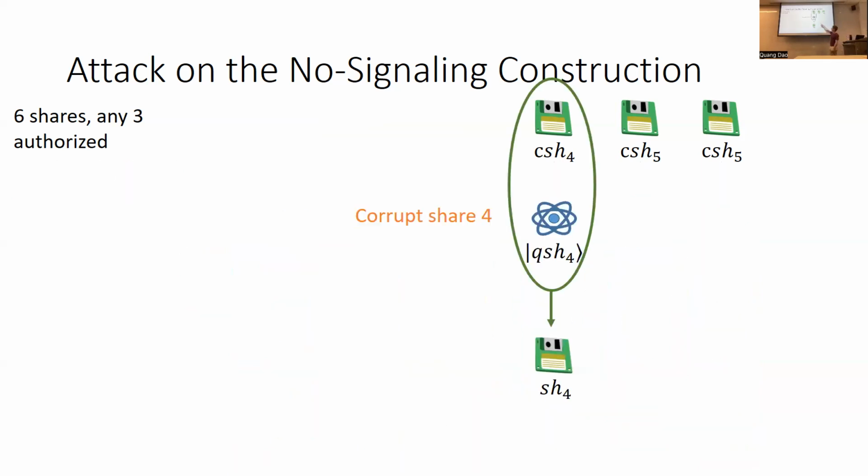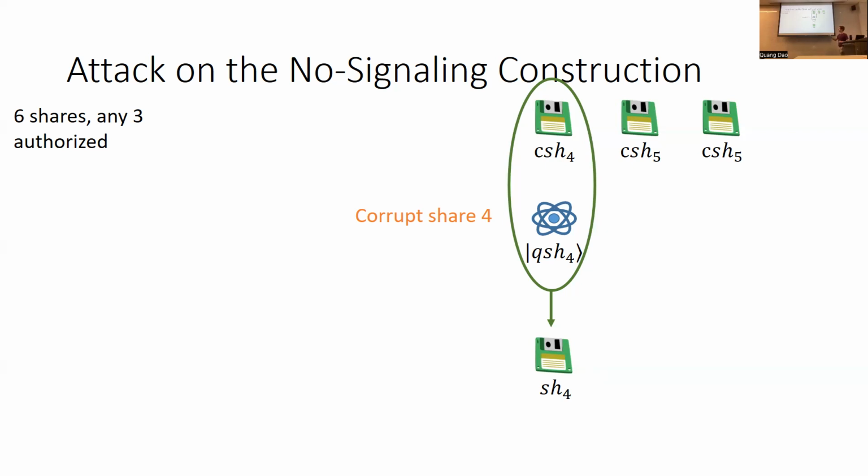Now, when we receive the 4th share, we can just immediately combine that with what we just reconstructed to get SH4. I'd like to note that this is deterministic. So if you measure the reconstructed SH4, you don't disturb the state at all.